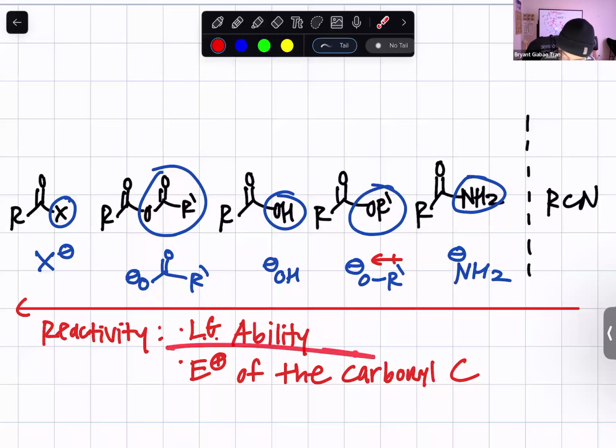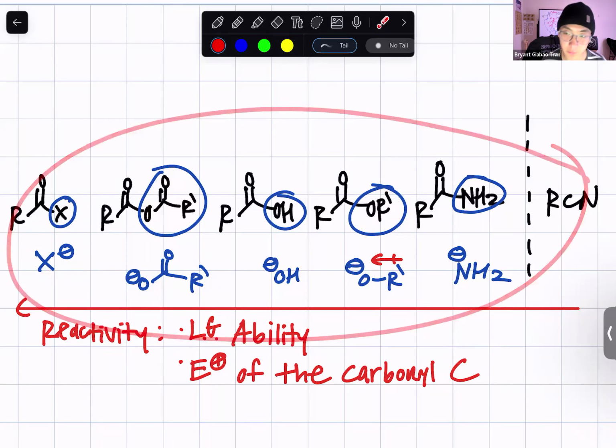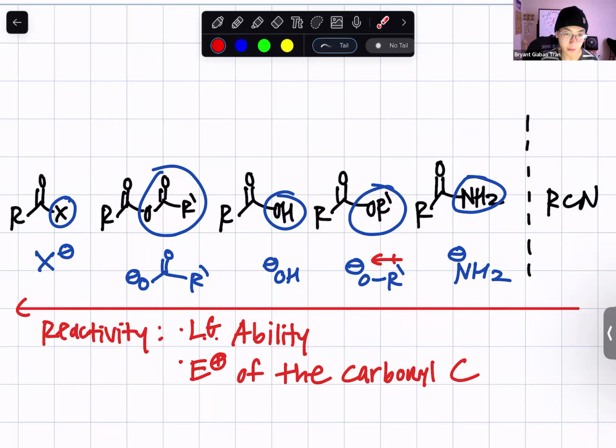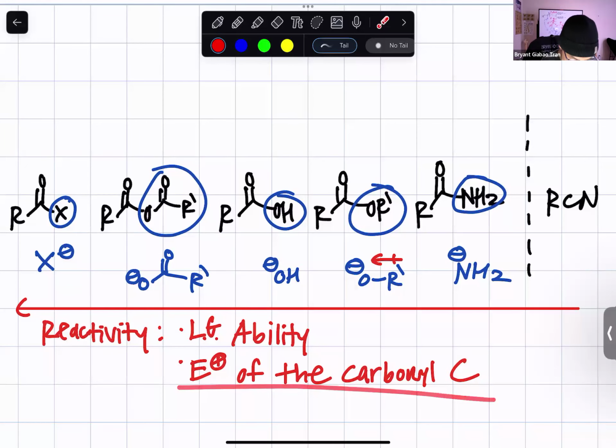So the biggest factor is the leaving group ability, which explains why this is the ranking system of how reactive the derivatives are, right? The other factor that's not as important is the electrophilicity of the carbonyl carbon, or how positively charged the carbonyl carbon is.